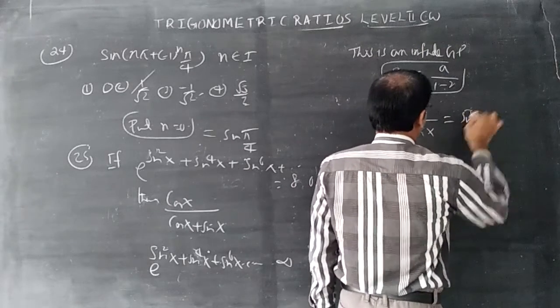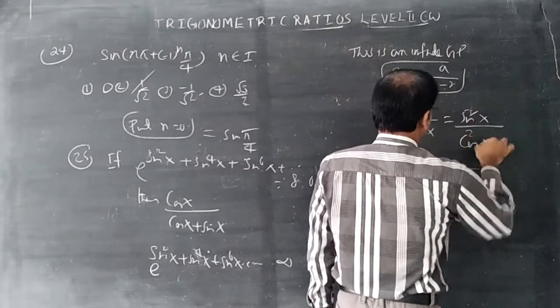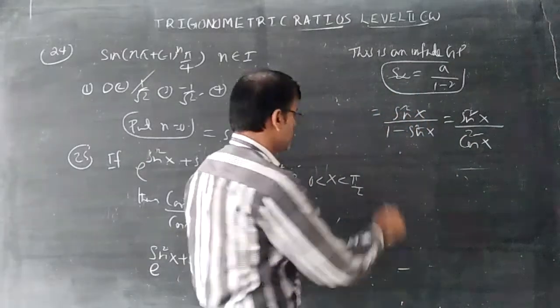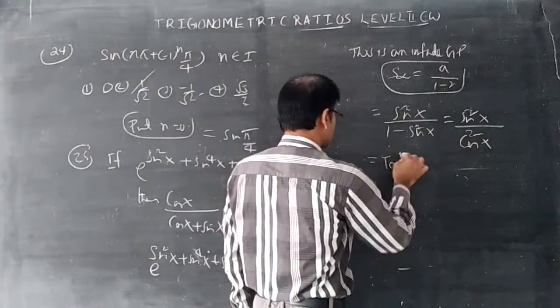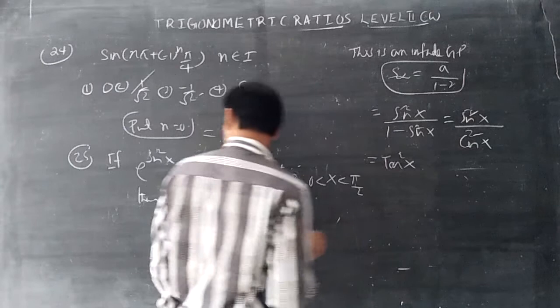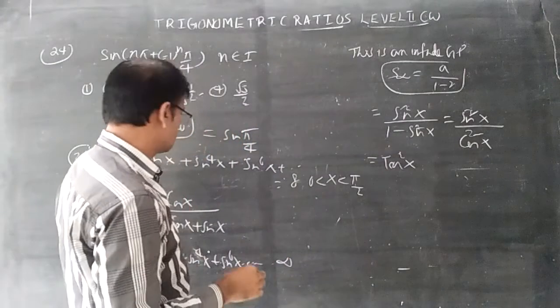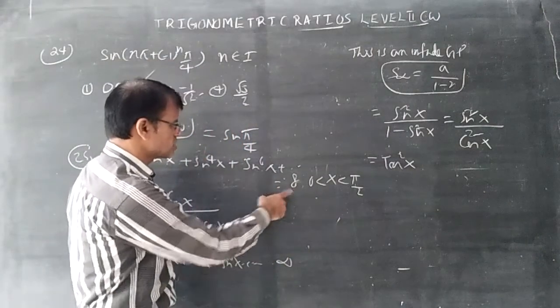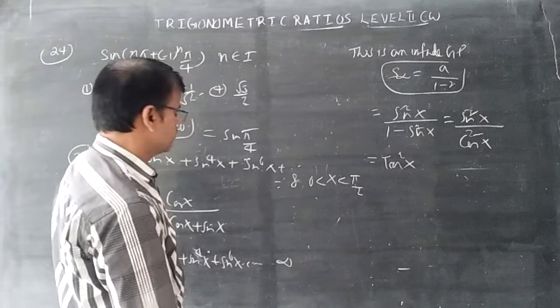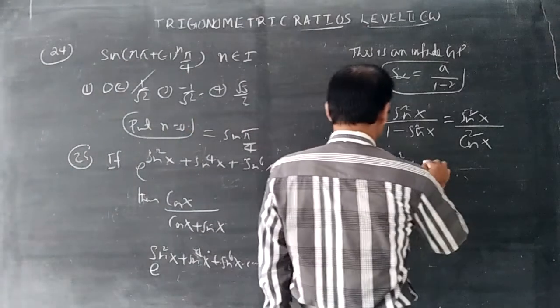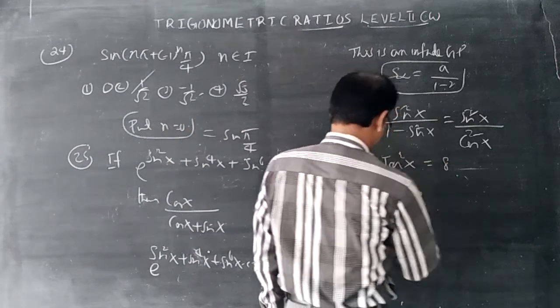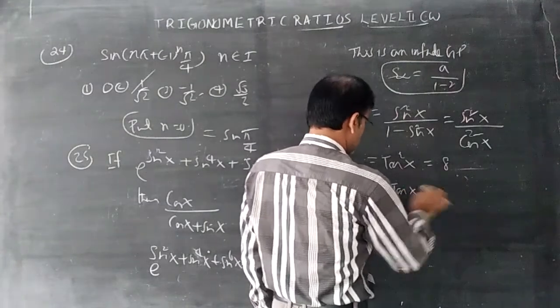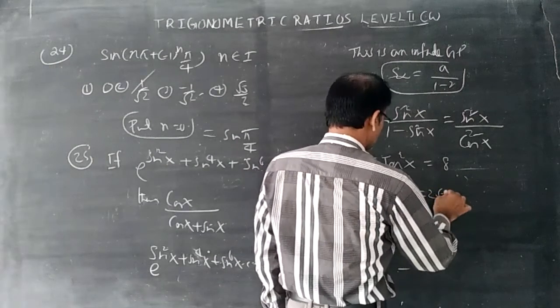So this can be understood as sin square x by cos square x, which becomes tan square x. How much is given? Tan square x equal to 8 is given. So tan x is equal to 2 root 2. No need to worry about plus or minus.